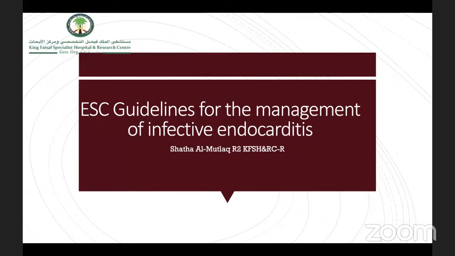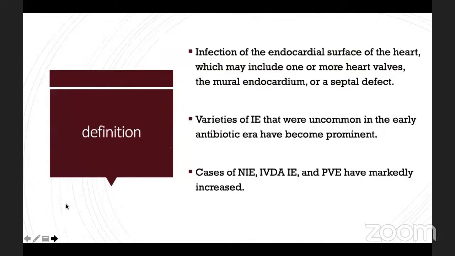Yes. Okay. Bismillah. Today my lecture is about the ESC guideline for management of infective endocarditis. So a quick definition: infective endocarditis is infection of the endocardial surface of the heart, which may include one or more heart valves, the mural endocardium, or septal defect.